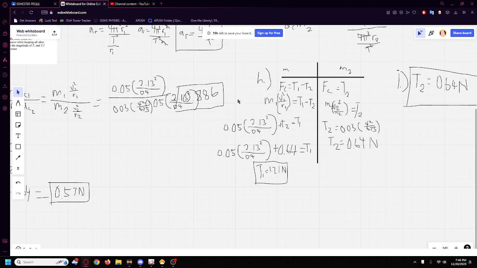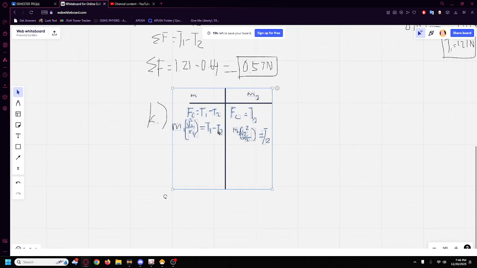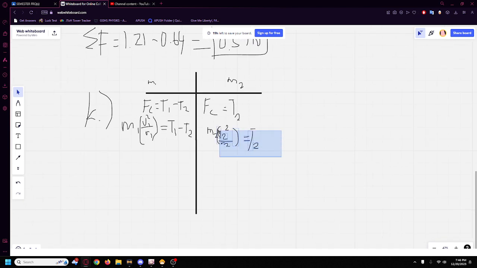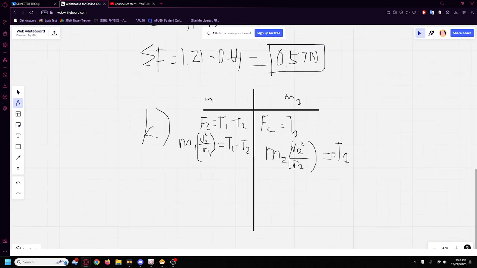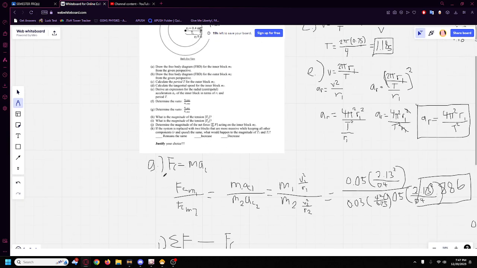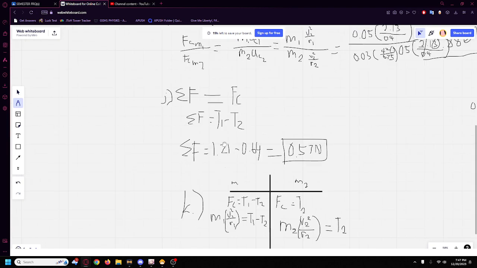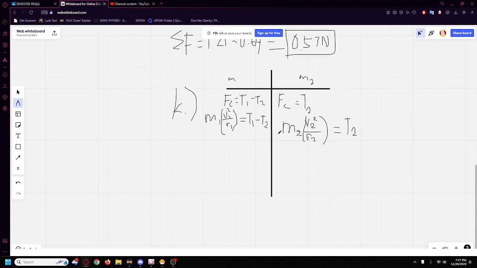So looking back over here, if we were to make both blocks more massive, which means increasing their kilograms, both of the tensions would increase.